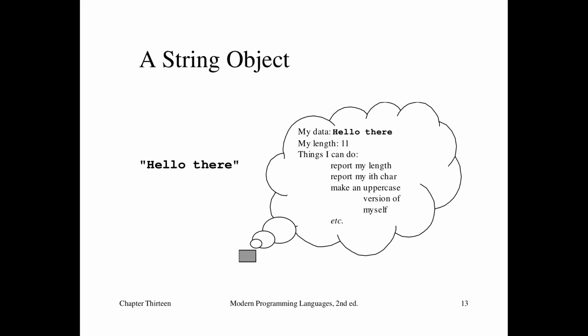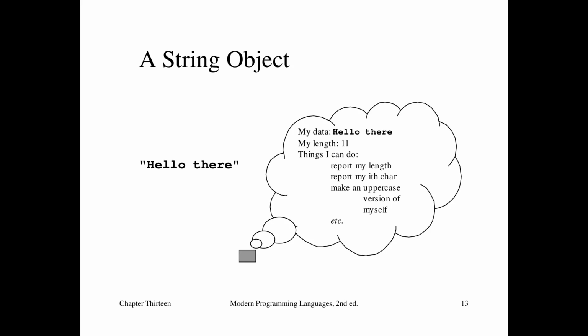So, for example, if we have the hello there, in reality what it is is this object that we show here, right? Its data is hello there, its length is 11. That's in code points, not in characters. Don't be confused. And then there's lots of things we can do with this, right? We can look at the length.